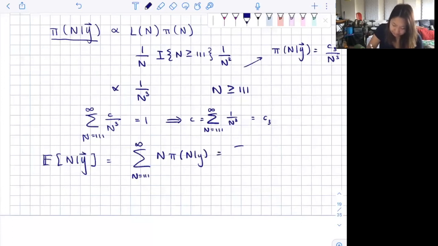This equals the sum from N equals 111 to infinity of c sub 3 over N squared, because one of the N's will cancel out. And this is equal to c3 times the sum from N equals 111 to infinity of 1 over N squared.